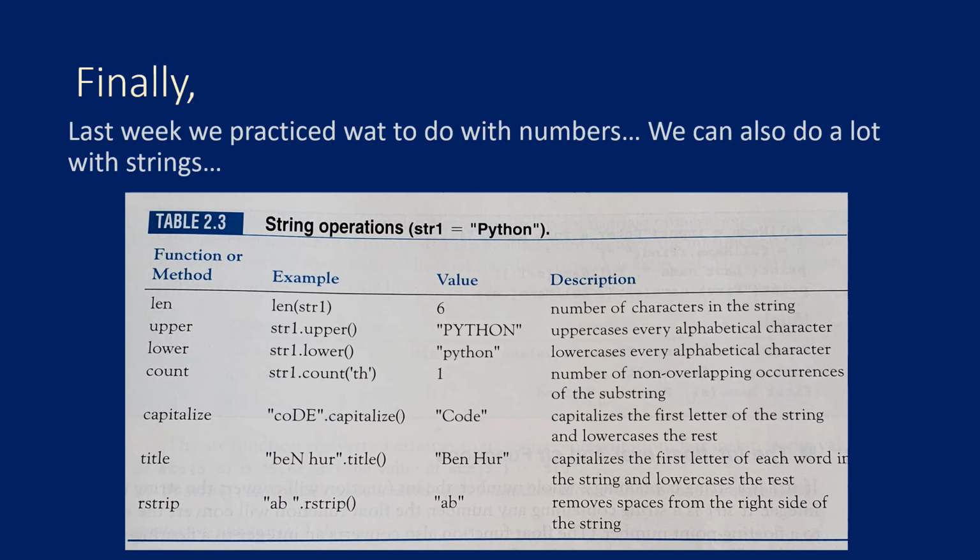It says there in the title. So if you have the word Python in the variable named str1, then the value is going to be 6 because there's 6 letters in the word Python. Okay, so you need to store that into an integer variable because the result of executing that method is an integer. And then all the others are going to give you a string.